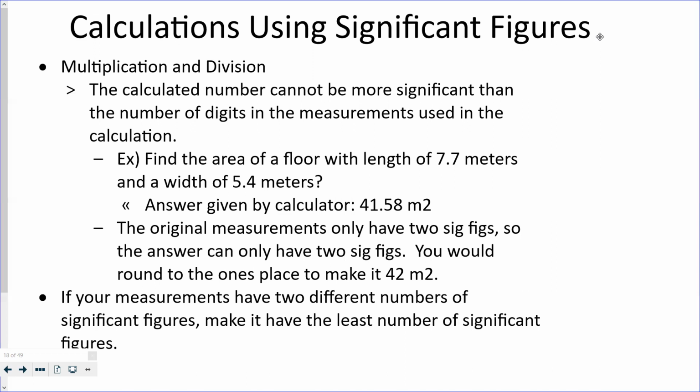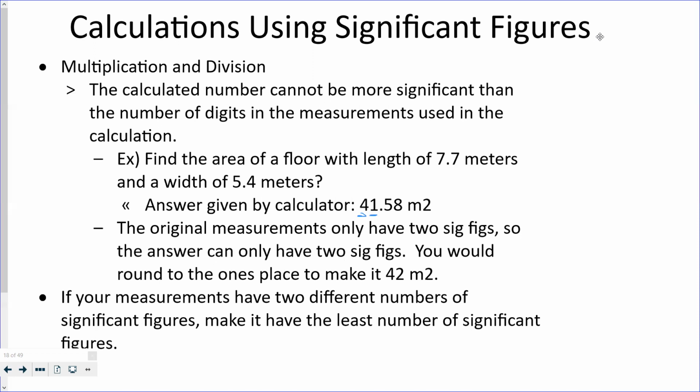Our answer cannot have more digits than our original numbers. So since both original numbers only have 2 significant figures, our answer cannot have more than 2. When we round to 2 places, we're rounding to the ones place, so that would round up to 42 meters squared.